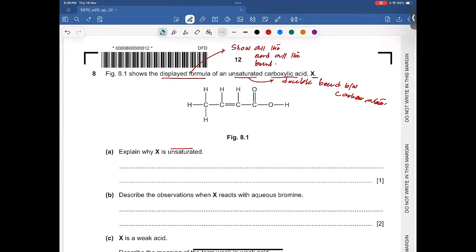Explain why X is unsaturated. Because a double bond exists between carbon atoms.